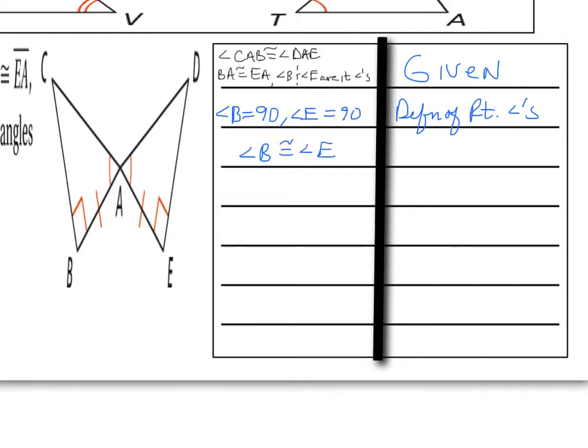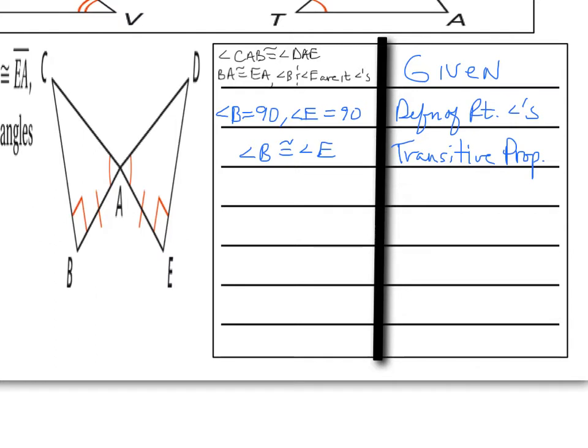If you look in your tool belt, if two things are congruent to the same thing, then they're congruent to each other. This is the transitive property. So we're throwing in some old properties and some old definitions. I've already got that marked in my picture, and I've got enough marked.